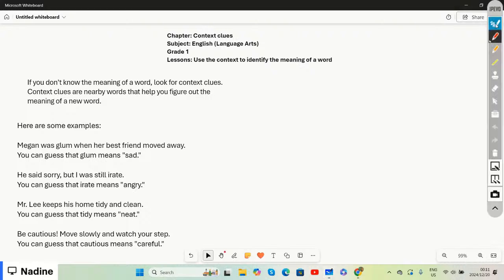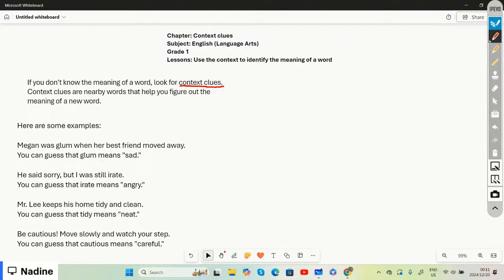All right. So now we're going to look at a few examples of context clues. Remember, we say that if you don't know the meaning of the word, you can look for context clues, and that can be within a sentence or within a text.